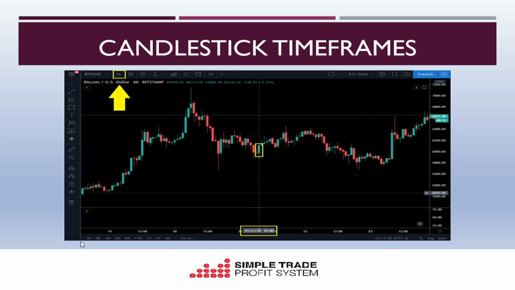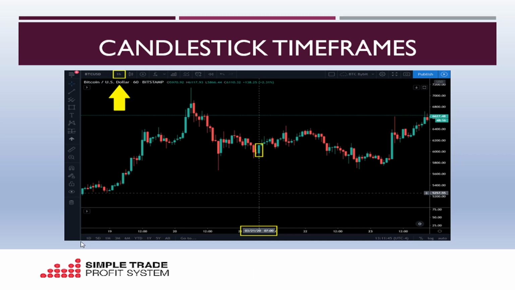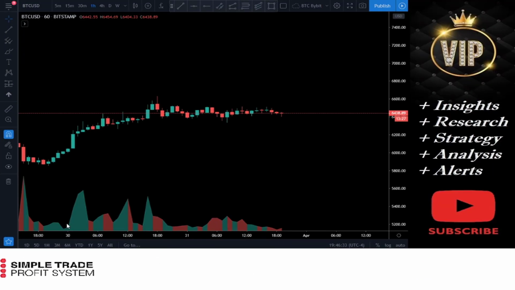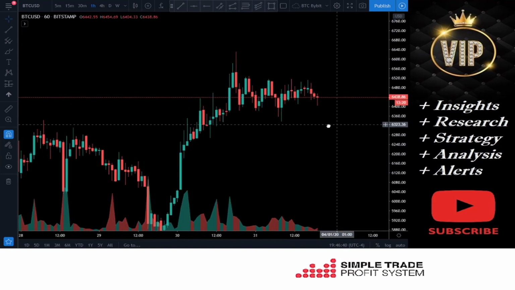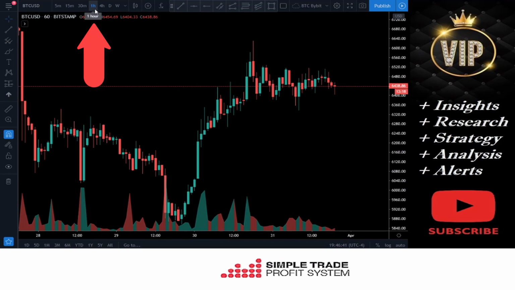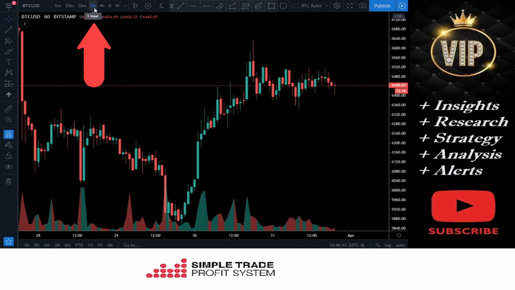So let's go over to the chart, and I'm going to show you a few examples of time frames. So here I am on the Bitcoin chart, and if you look up here in the top left, it says 1H. That means if I hover my mouse over, it says 1 hour.